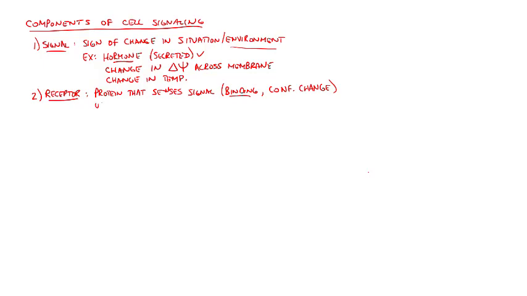Receptors are usually, but not always, embedded in the outer membrane of the cell, the plasma membrane, and so they're usually transmembrane proteins. All the examples that we'll see are of transmembrane proteins as receptors. An example would be the insulin receptor. We'll see that at the end of the lecture.